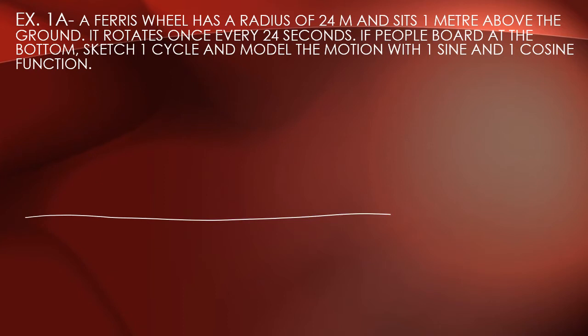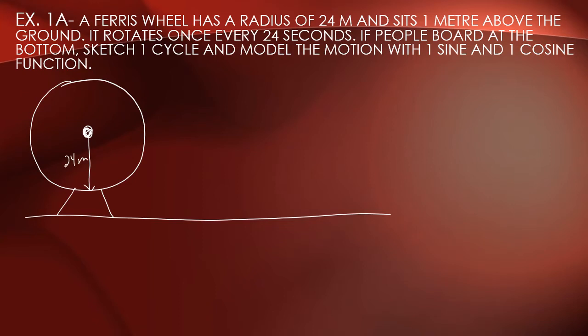And then we're going to draw a Ferris wheel. So there's our very rough Ferris wheel. It has a radius of 24 meters. What's radius? Radius is the distance from an edge to the middle, right?